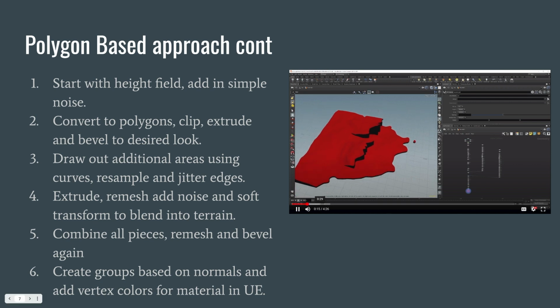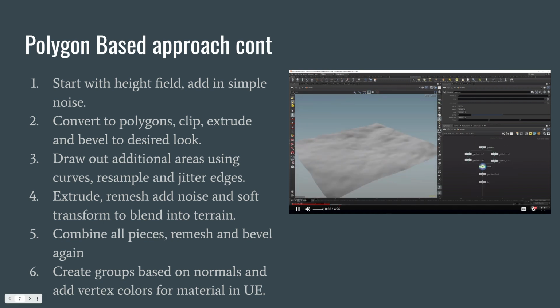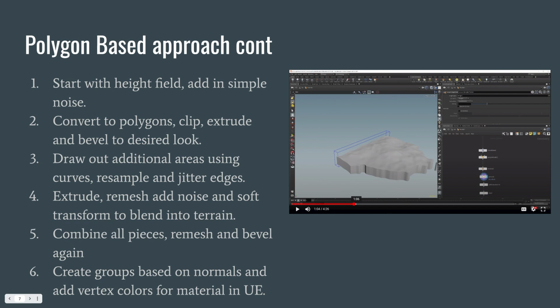So starting out with the technique, we do use a Heightfield to generate just the base level of terrain. We add a little bit of noise to that, and then we convert that to polygons. Then we do a couple different things. We end up clipping the terrain, so we get this nicely chunked out piece that's not just a flat grid.